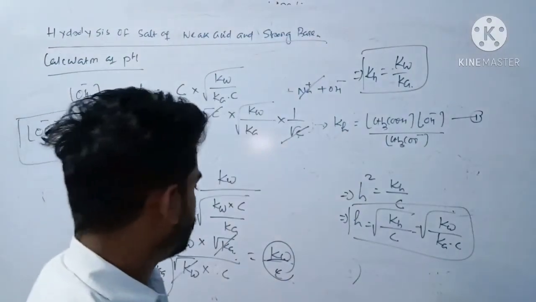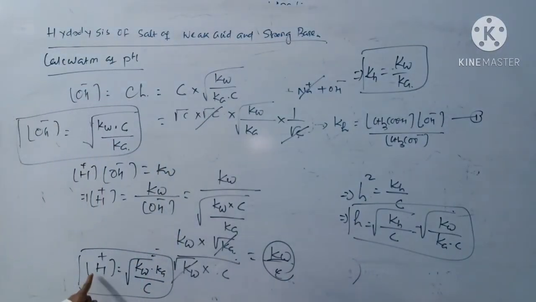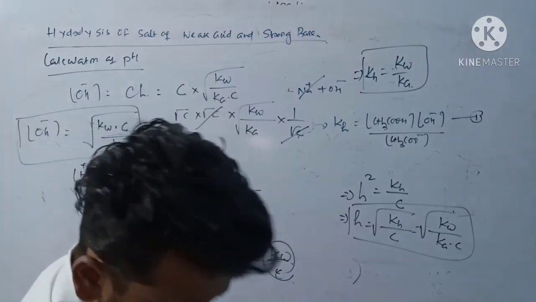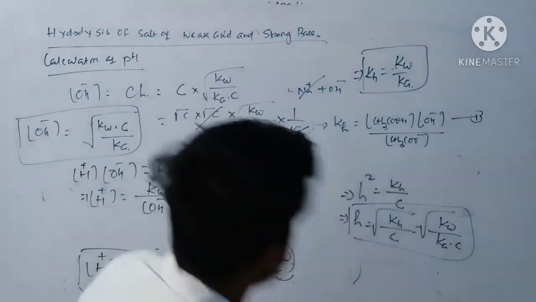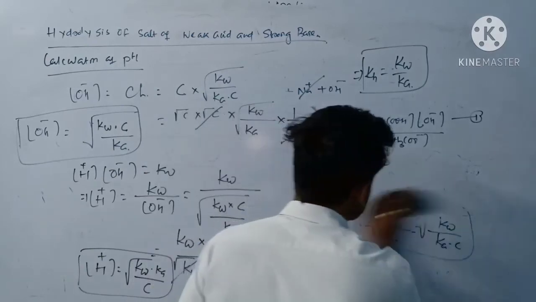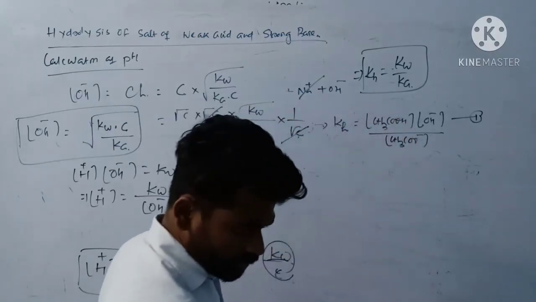Clear? So pH you can calculate by considering the negative logarithm of H plus ion concentration, and that should be equal to, let me write down over here, the expression for pH.